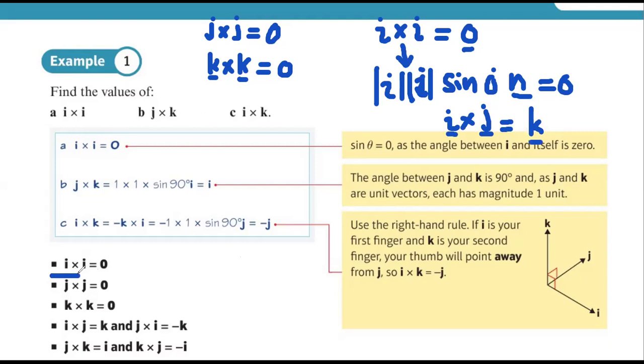I cross I equals 0, j cross j equals 0, k cross k equals 0, but I cross j equals k, then j cross I equals minus k.